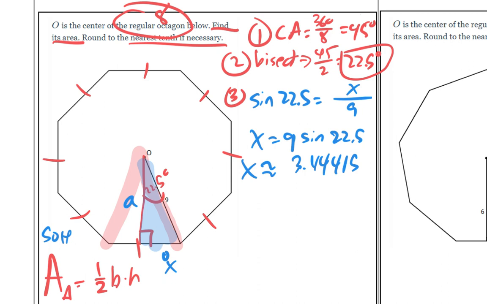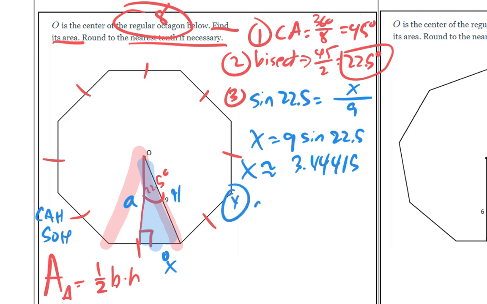Now that I know what this is, I need to figure out what this side is. So let's think about how I could use this. I could use that number, but that's gross. So A and H is cosine.